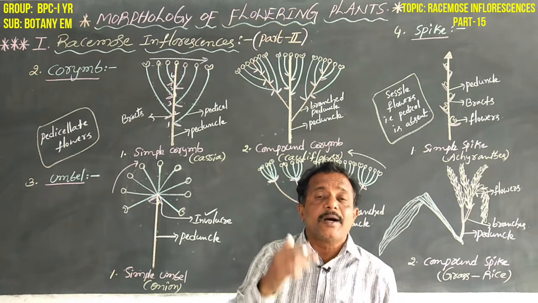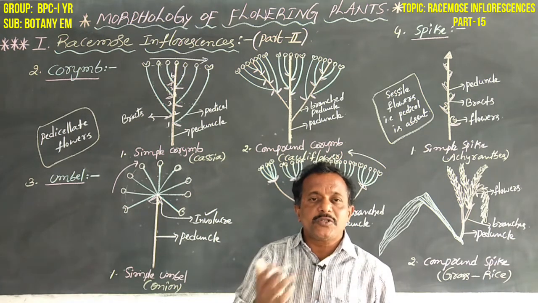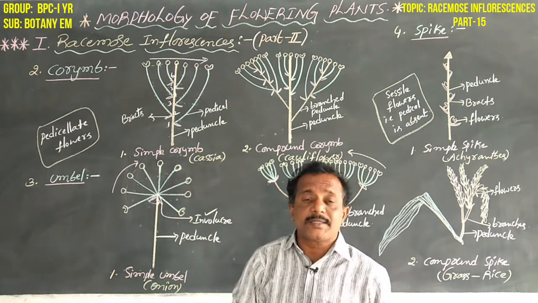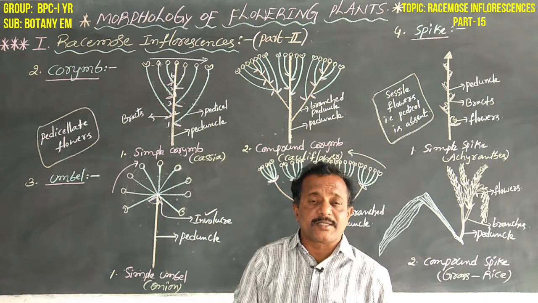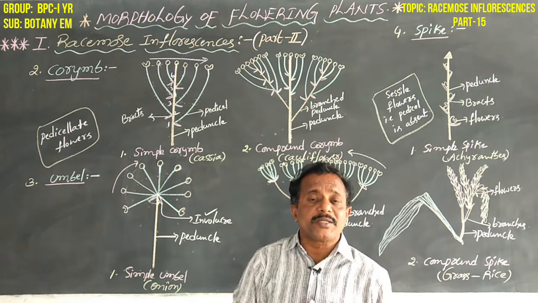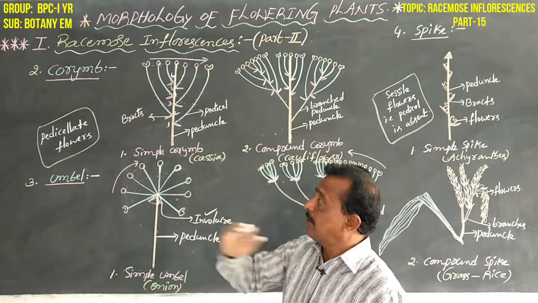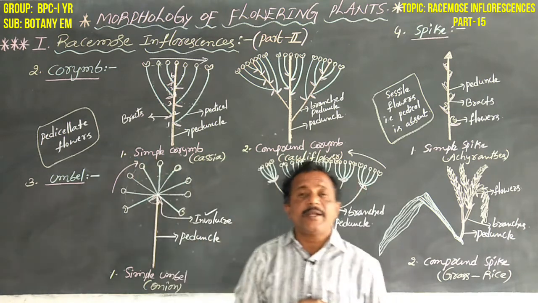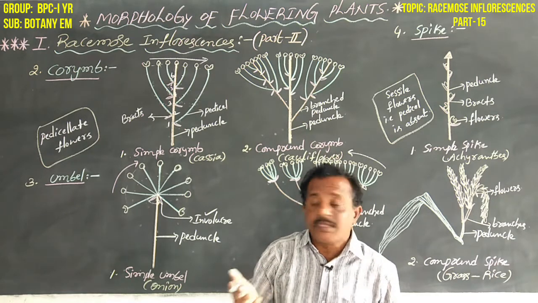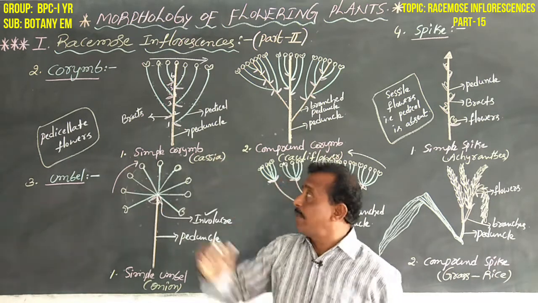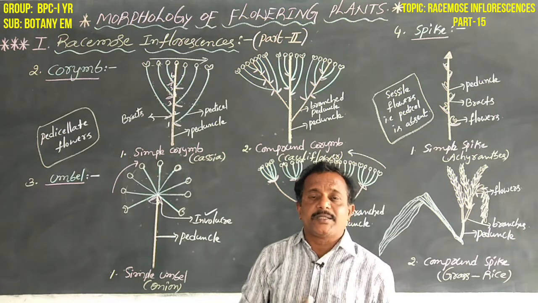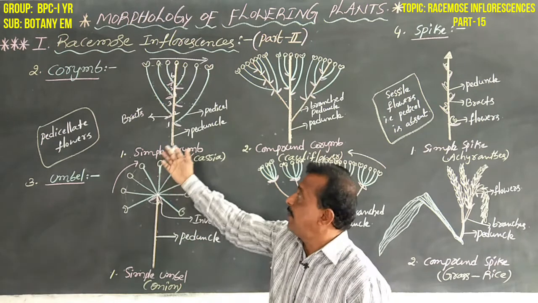So pedicels are present in raceme, corymb and umbel inflorescences. These are racemose inflorescences with pedicellate flowers.